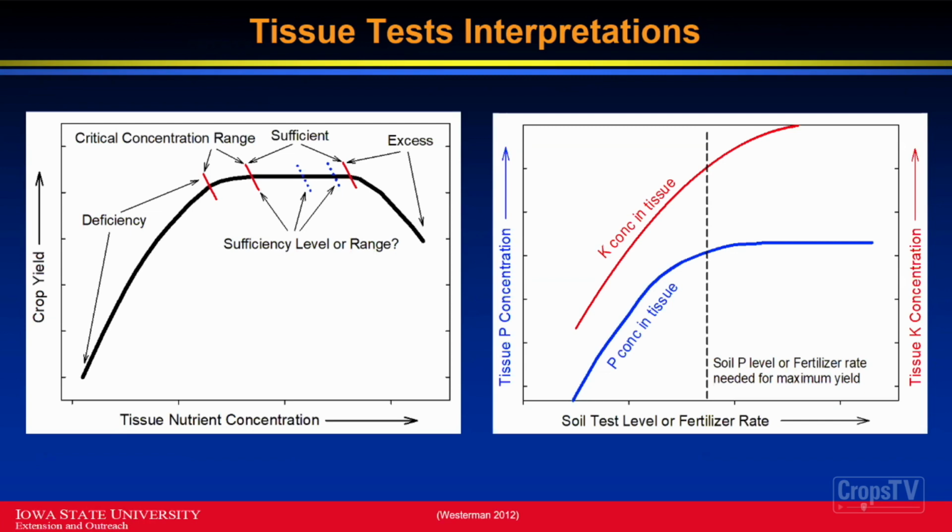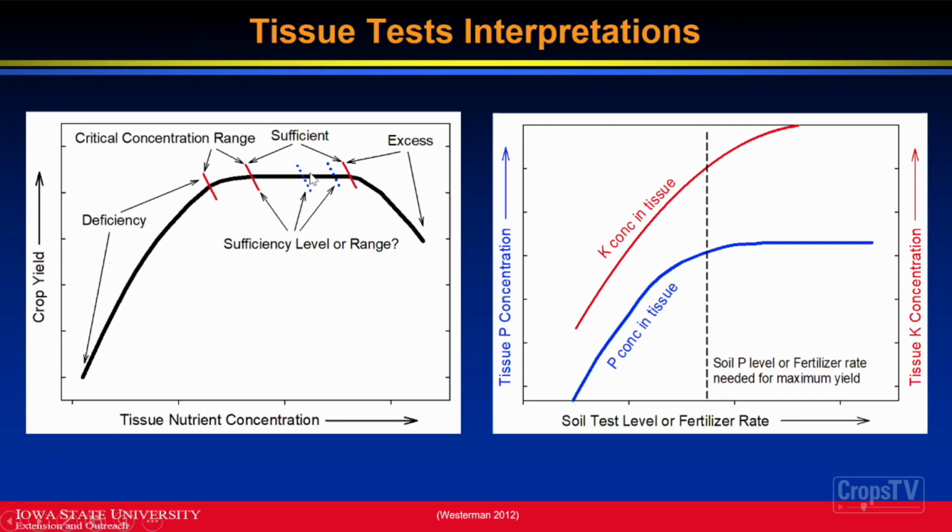When you see something, and I put these blue dotted diagonal lines here to give an example, are they referring to this entire plateau region where a change in nutrient concentration doesn't increase yield? Or are they talking about part of it? Or are they talking about a critical concentration?